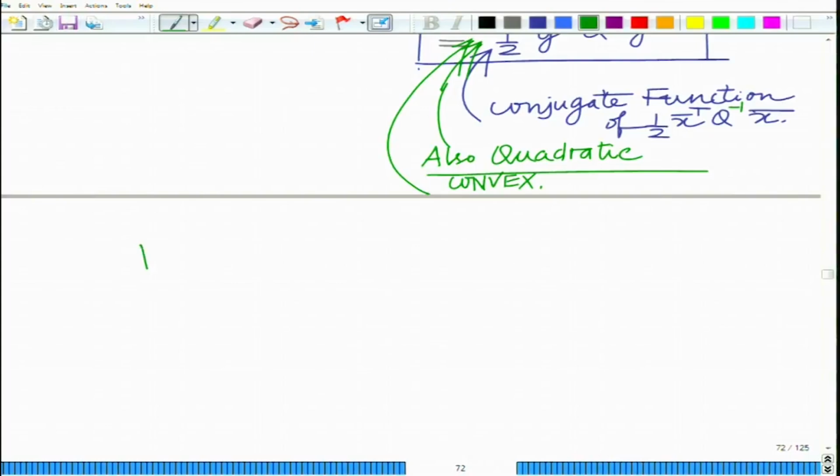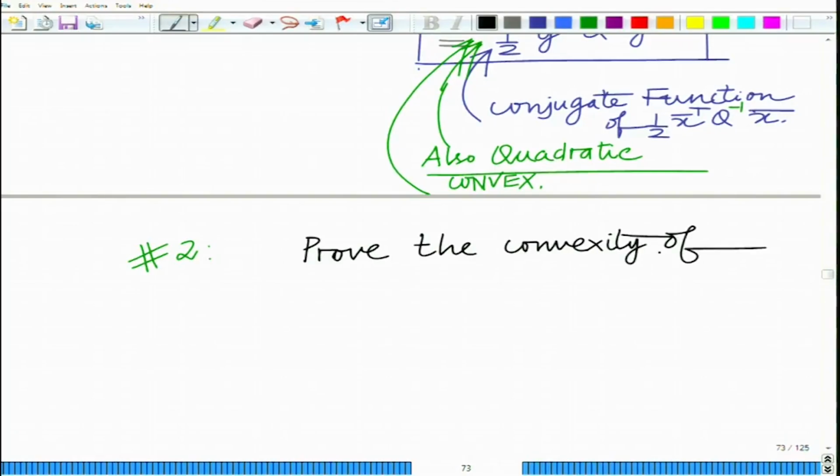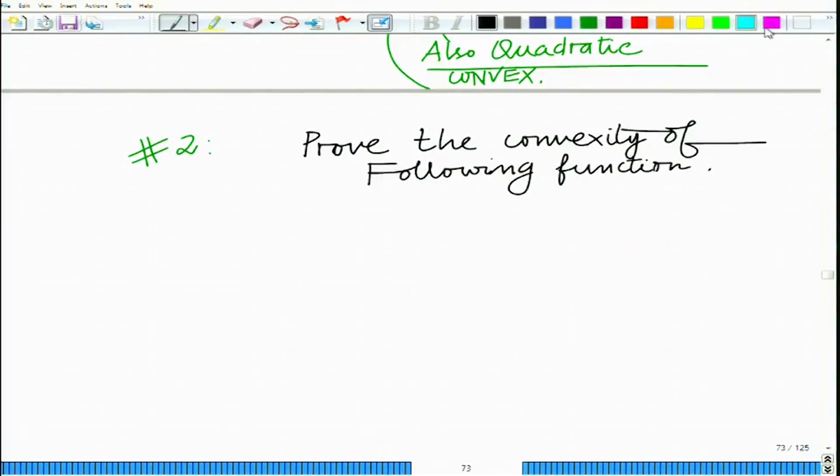Let us now look at another, slightly more complicated example, where we want to prove the convexity of the following function, f of x bar equals log of the sum over k equal to 1 to n of e raised to x k.